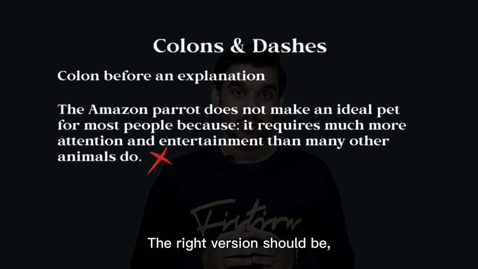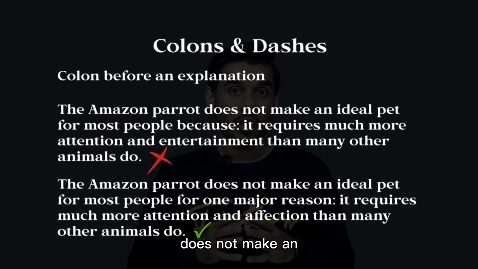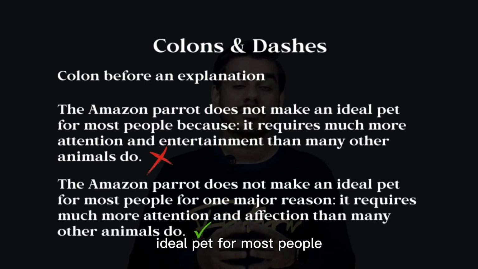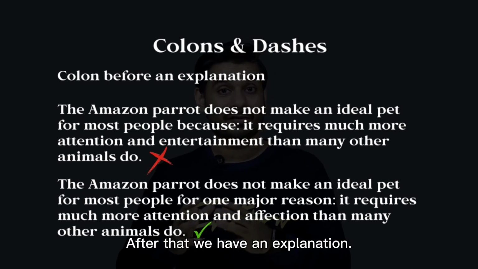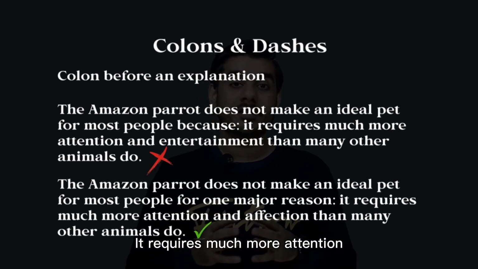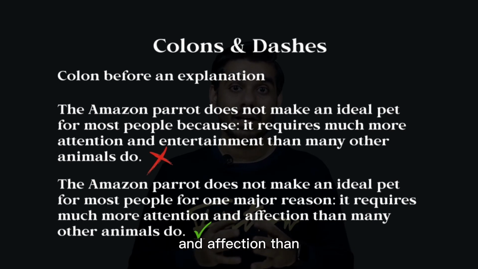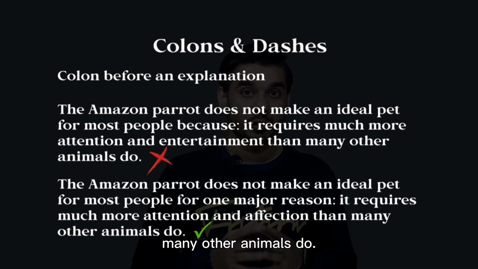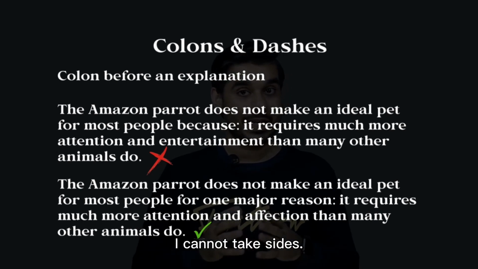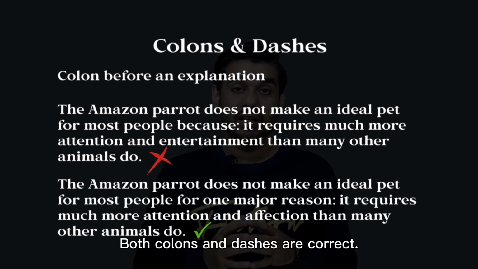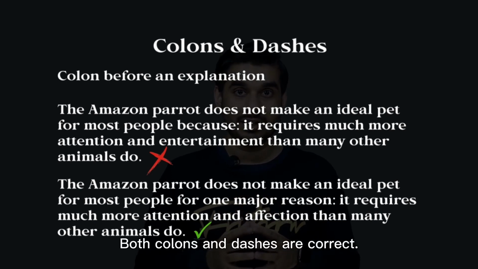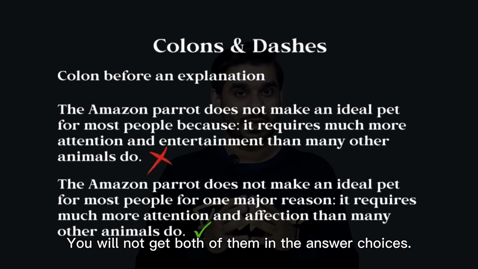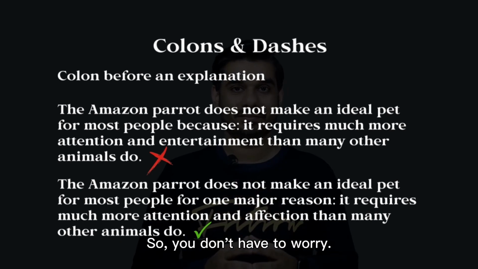The right version should be, the Amazon parrot does not make an ideal pet for most people for one major reason. After that, we have an explanation. It requires much more attention and affection than many other animals do. In this sentence, I cannot take sides. Both colons and dashes are correct. You will not get both of them in the answer choices, so you don't have to worry.